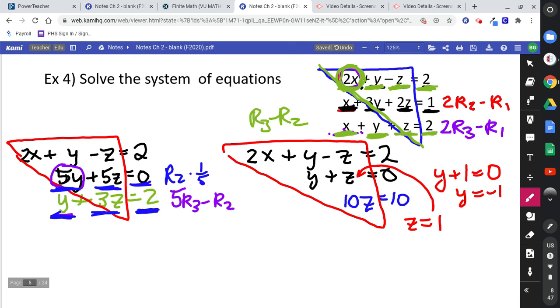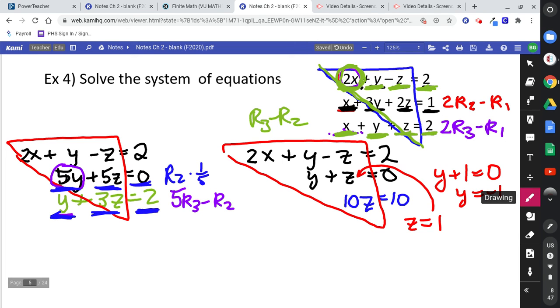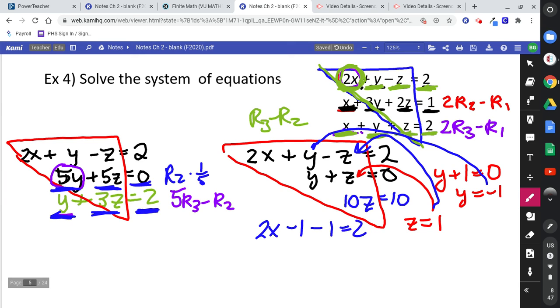And now we're going to take both of those numbers and plug them into the top. Back substitution. We're going backwards. Okay? So we can plug both of those numbers in. This is z, and this one is y. So I'm going to come over here. You have 2x minus 1 was y, minus 1 was z, equals 2. 2x minus 2 equals 2.